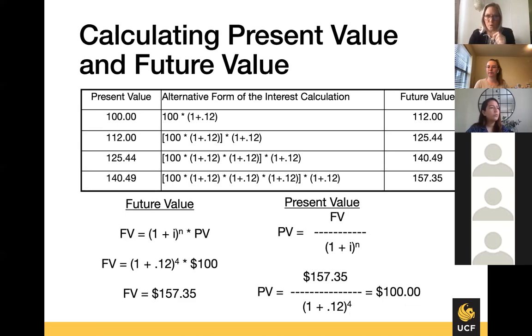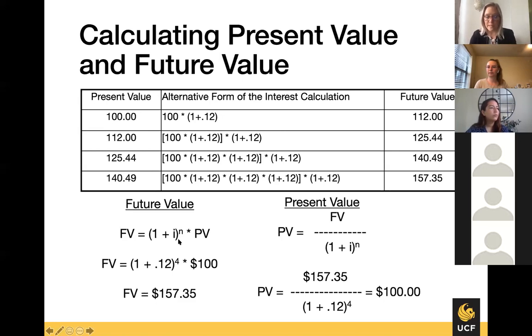Now, here's one little trick with these calculations that you just have to keep in mind. And we will go through a couple more examples before I'm finished. But here, you have to remember that the I reflecting the interest rate and the N reflecting the compounding periods must be adjusted for the number of compounding periods per year.